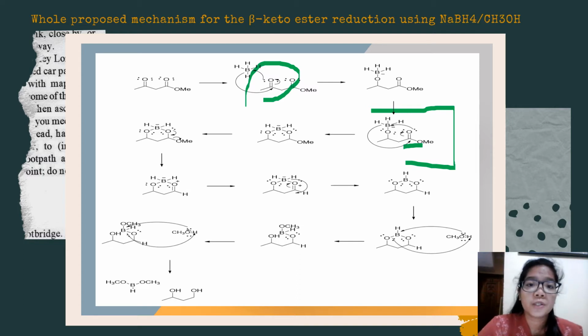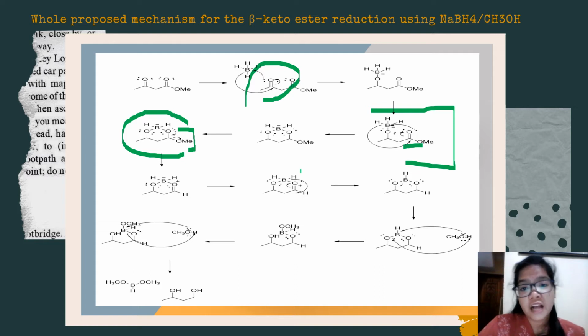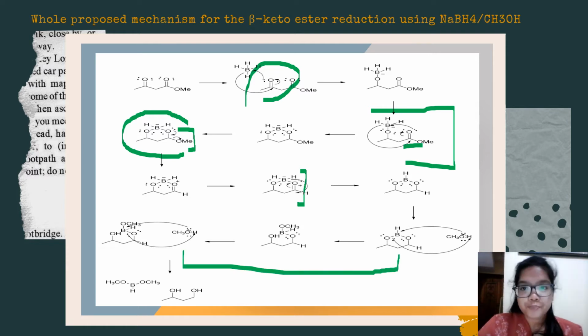Then it will undergo loss of methoxy group here. Then another nucleophilic addition of borohydride to the aldehyde group. Then it will undergo methanolysis to obtain the final reduced product, the diol.